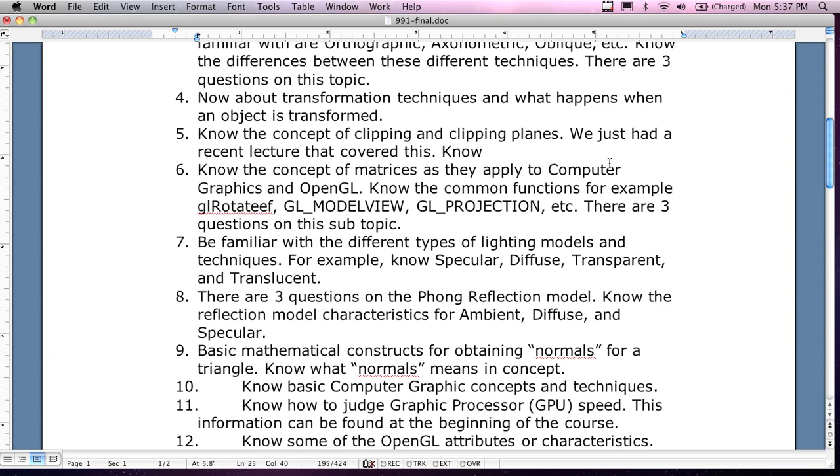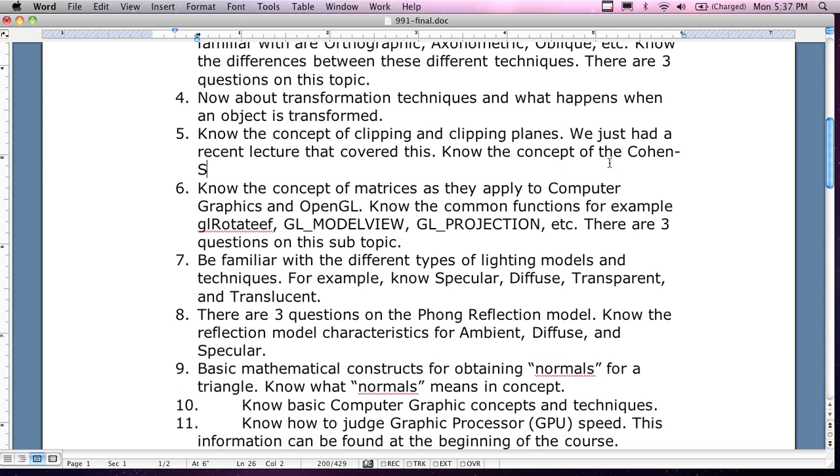Know the concept of the Cohen-Sutherland line clipping model. That was also discussed in this clipping lecture.